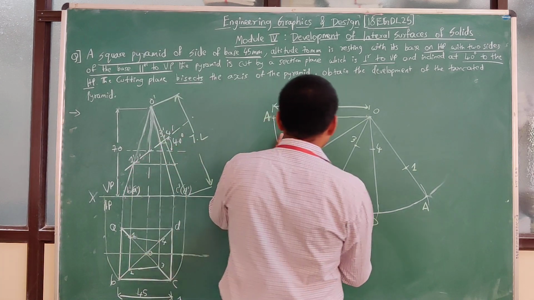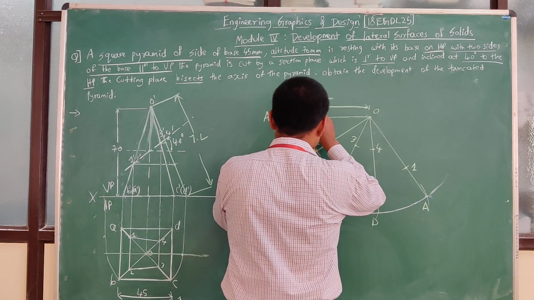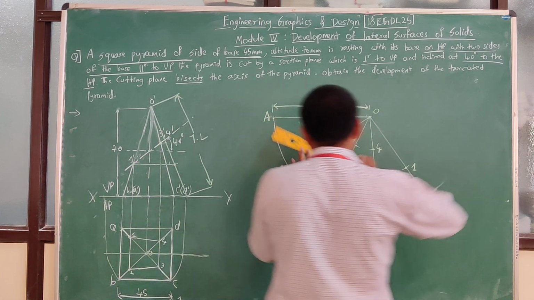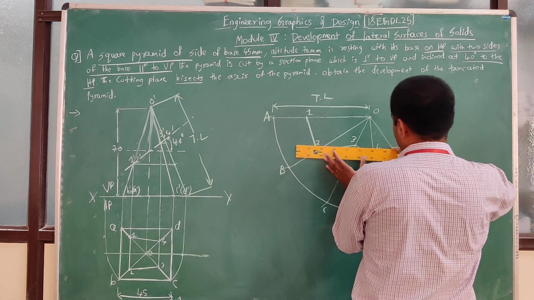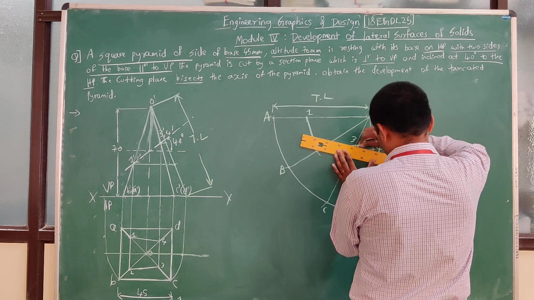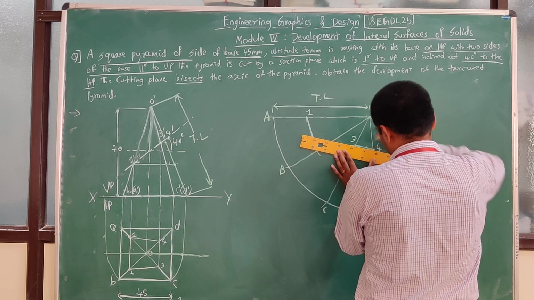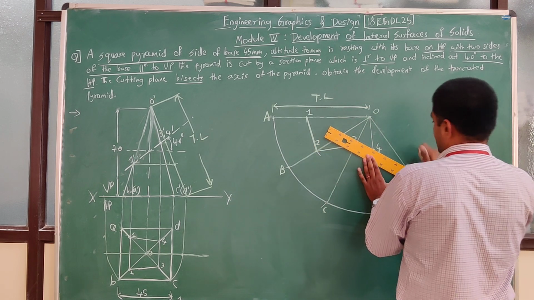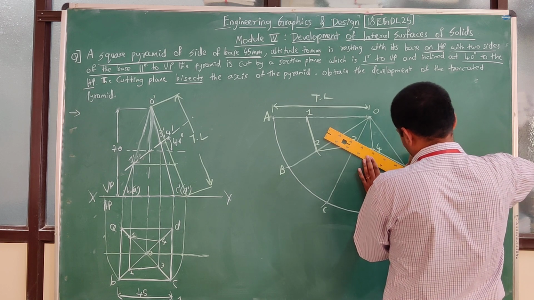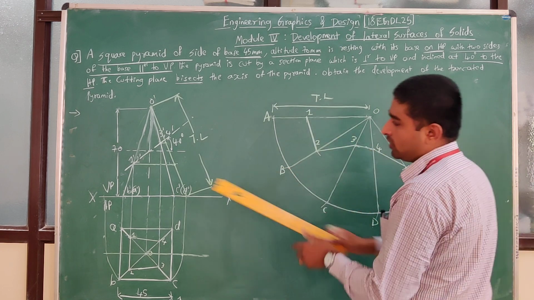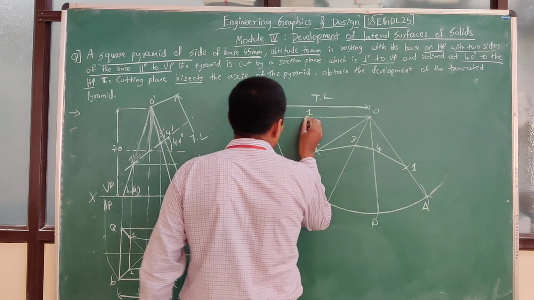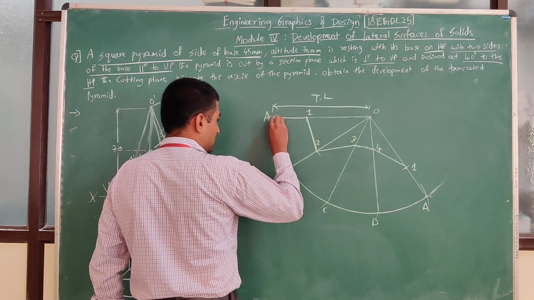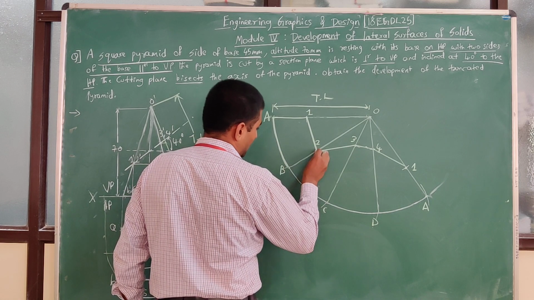Now join them with a straight line: 1 to 2, 2 to 3, 3 to 4, and back from 4 to 1. And since we always take the lower part of the development, let us take that. Only this much part is important for us, and make this part dark enough.